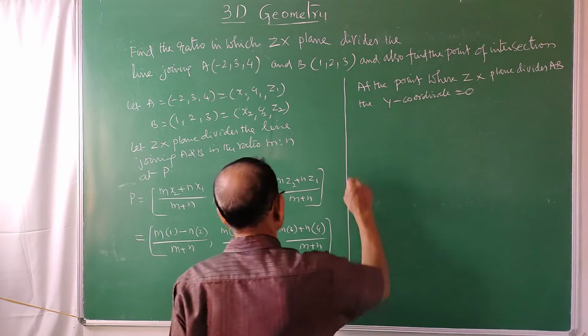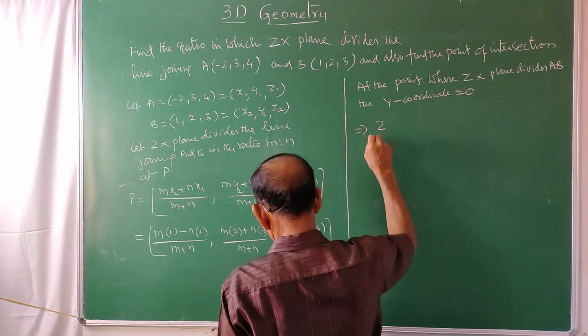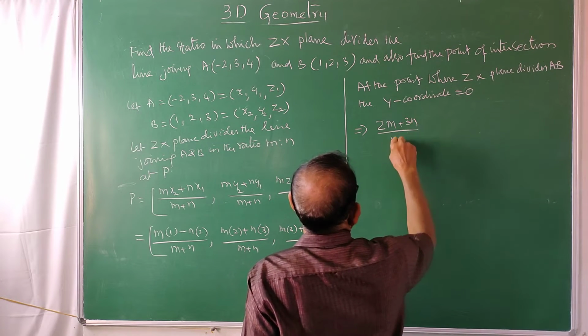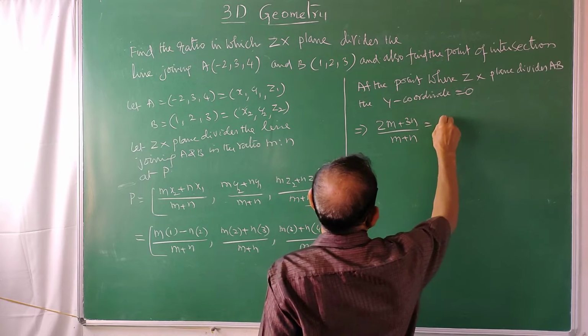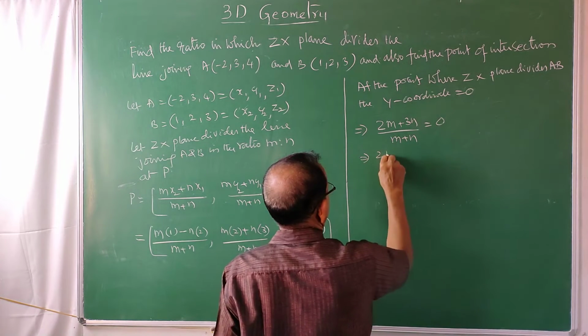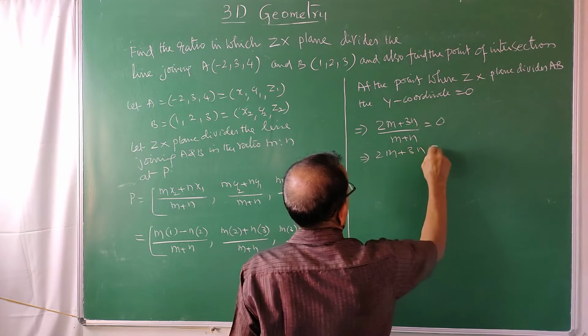Now the y coordinate is this one, that implies (2m + 3n)/(m + n) = 0. Take cross multiplication, that is 2m + 3n = 0.